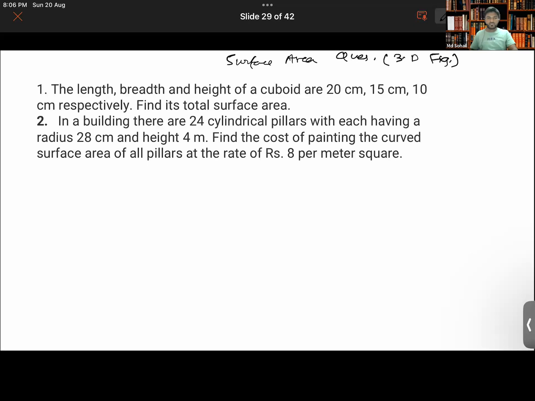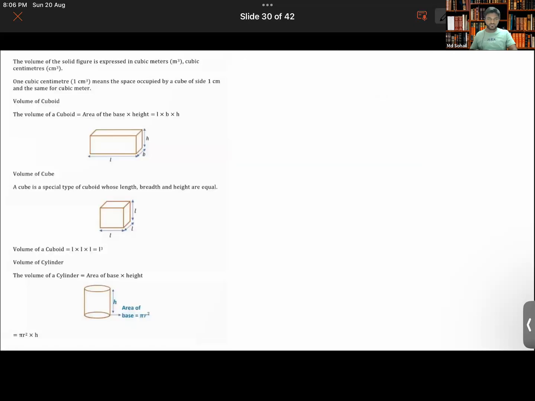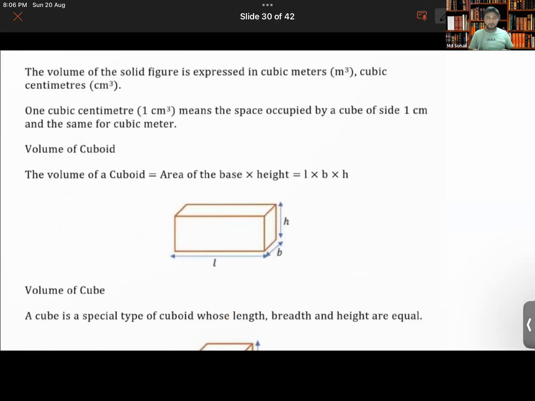Yes, Arhan, done. Arhan, have you taken the screenshot? Are you facing network issues there? Arhan, please do say something. Are you there or not?